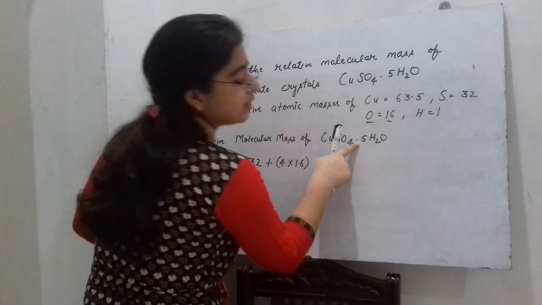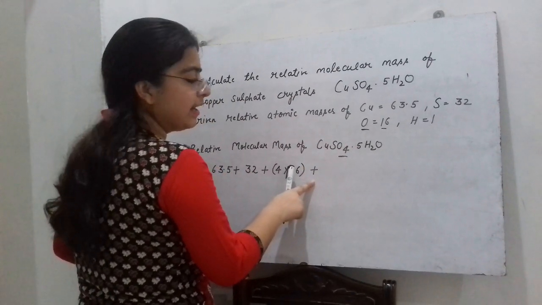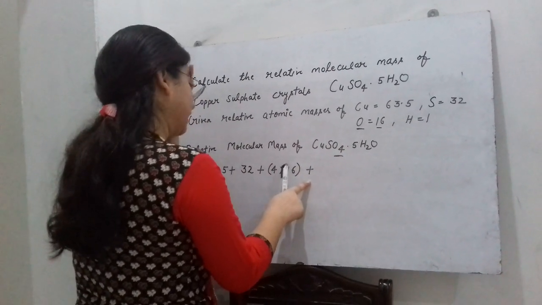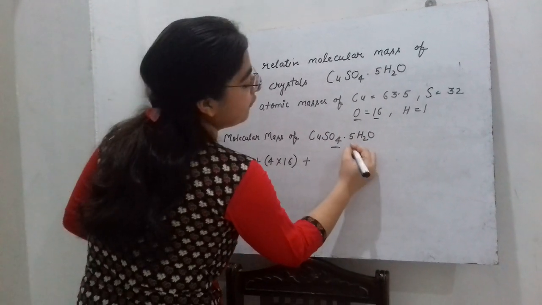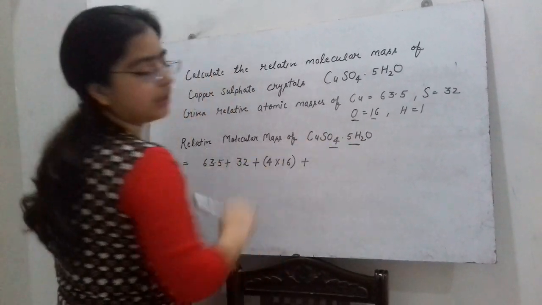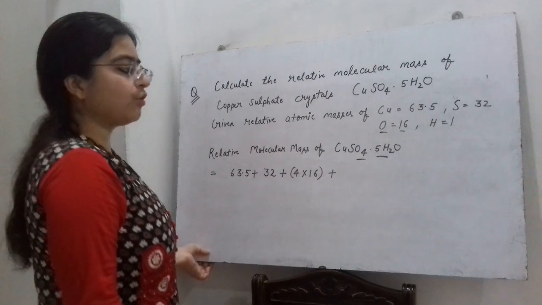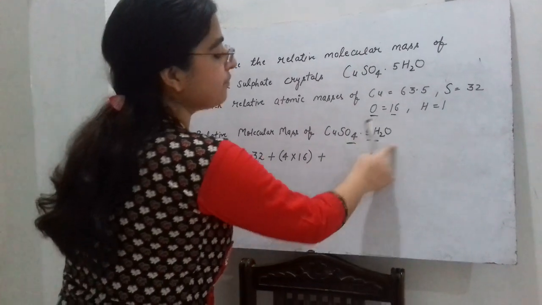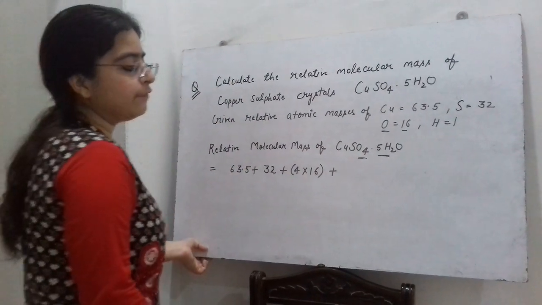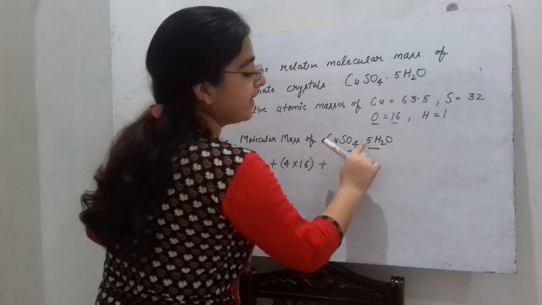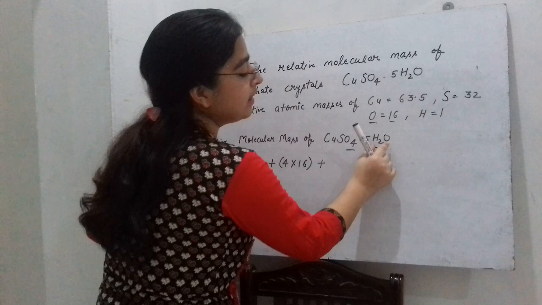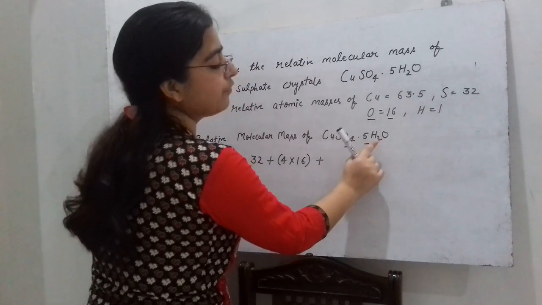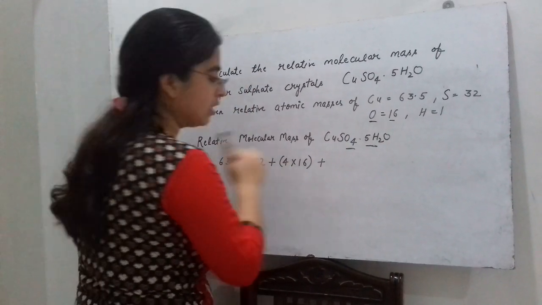Plus, in place of this dot sign, we will use plus. Now here you can see 5 molecules of water are present. So in order to calculate the total mass of 5 molecules of water, we will multiply by 5 the relative molecular mass of 1 molecule of water.